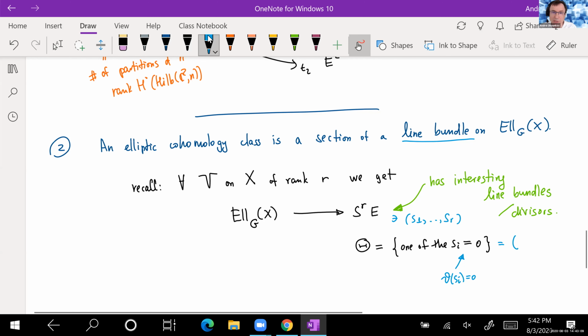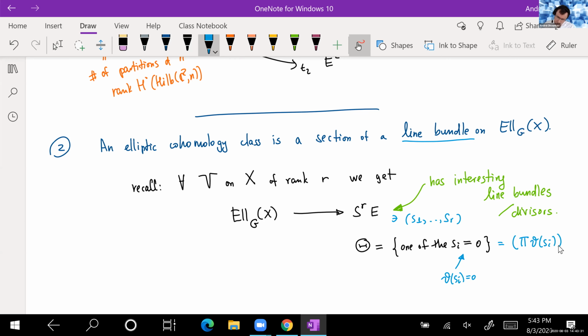A theta function is a function with one and only one 0, at the origin of the elliptic curve. So it's like the divisor of a product of these SI. Okay, so that makes sense.